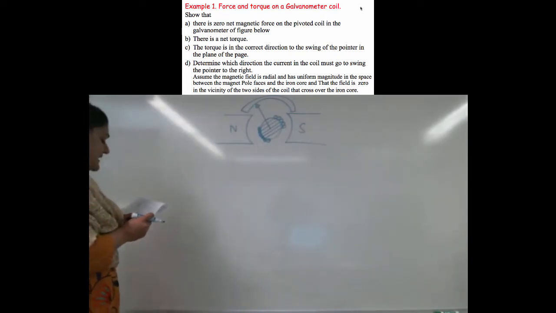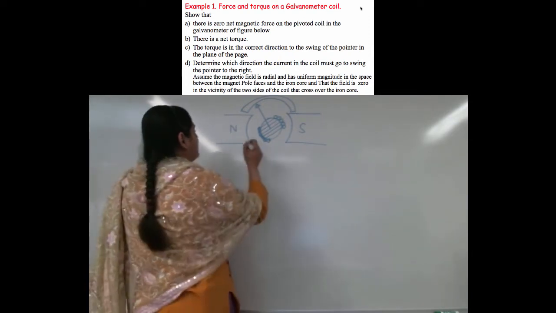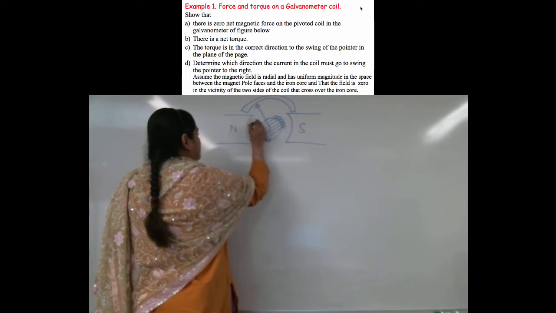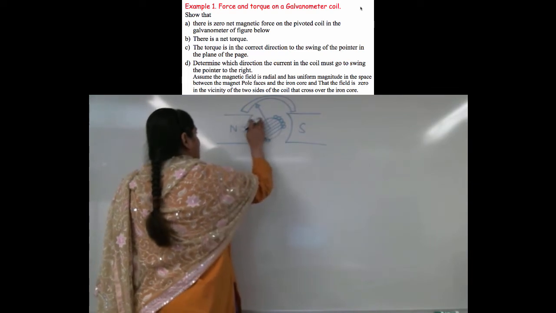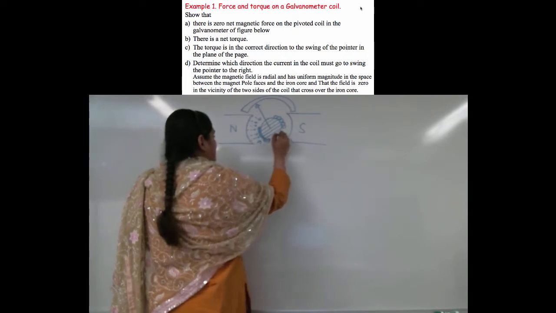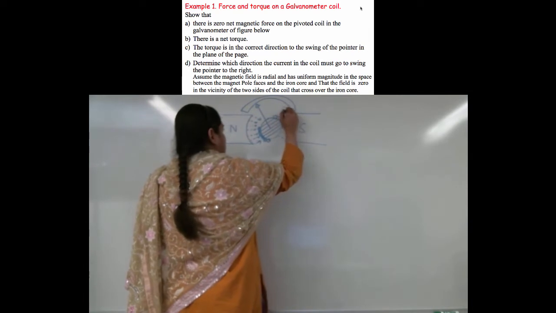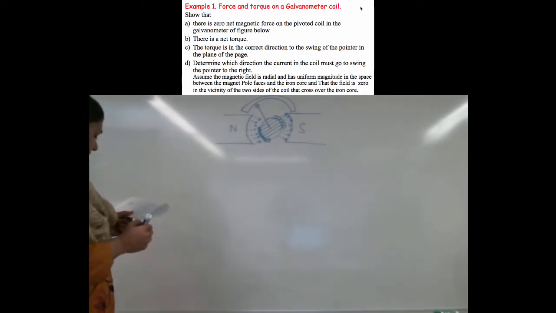Okay, so now that we have our picture, we can figure out lots of things. We know that the field that goes from the north pole to the south pole will look something like this. Because of the shape, it will sort of point in, and this field will point towards the south pole. That's one thing we know.